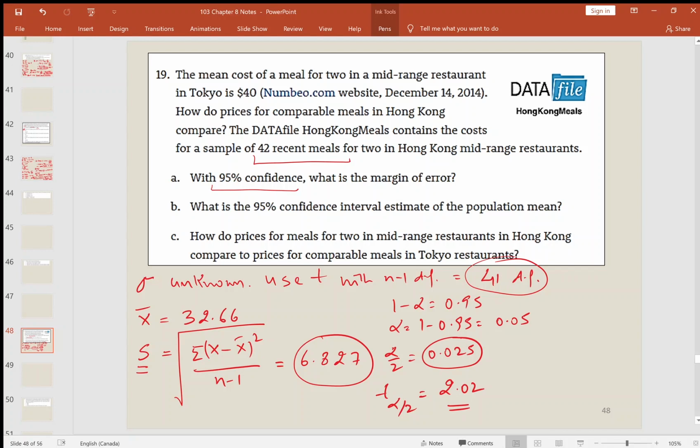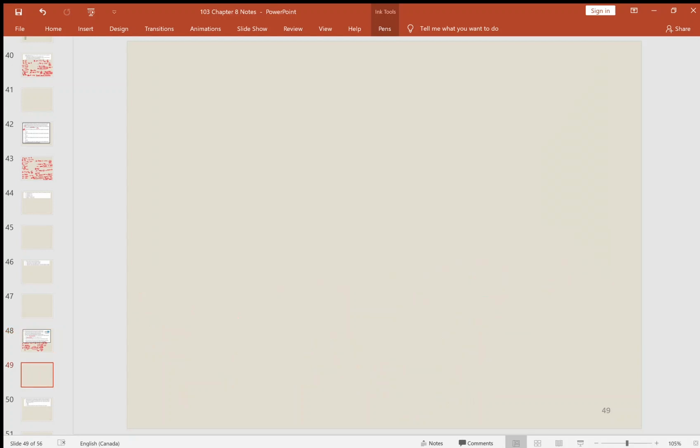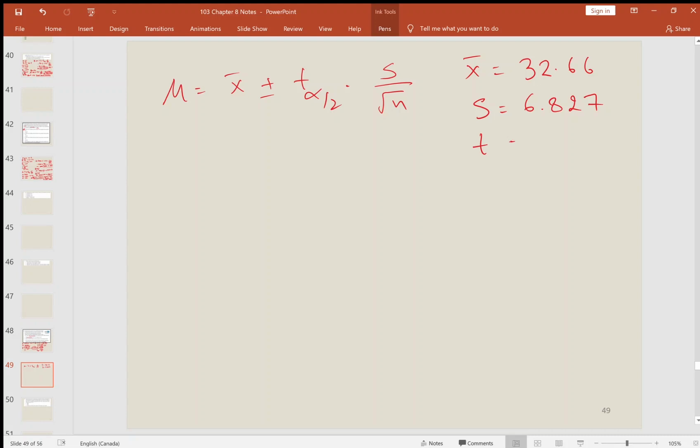So we've got all the numbers here. Let's do our calculations using this formula: mu is equal to X bar plus or minus t alpha by 2 times S divided by the square root of n, where X bar is 32.66, S, the sample standard deviation, is 6.827, the t value that we just found is 2.02, and n, the sample size, is 42.